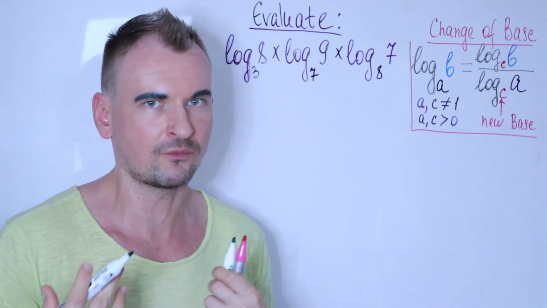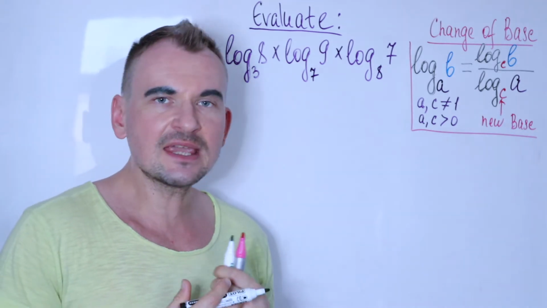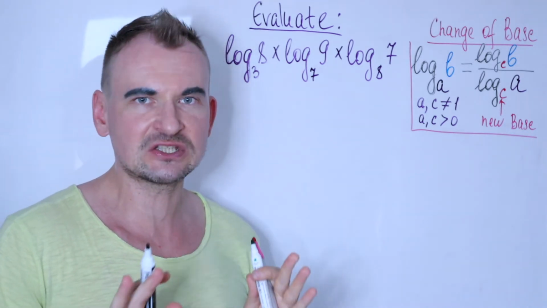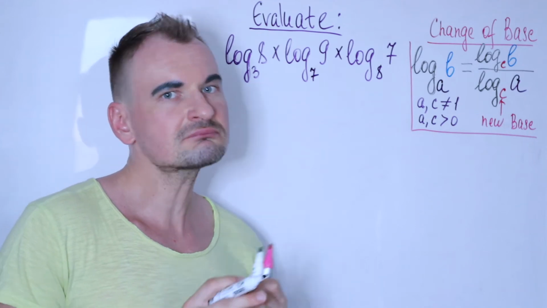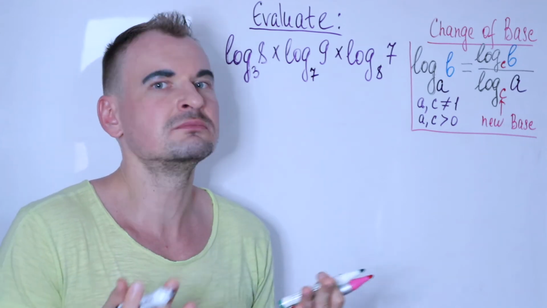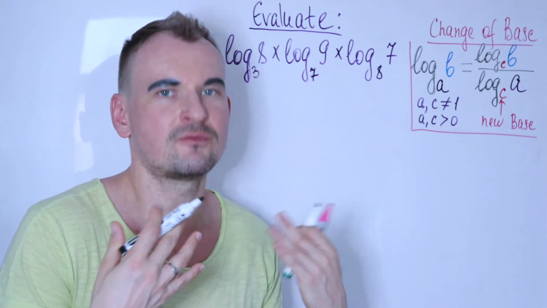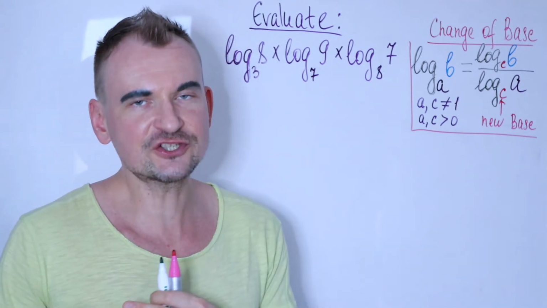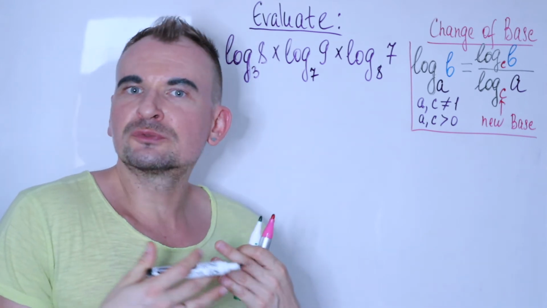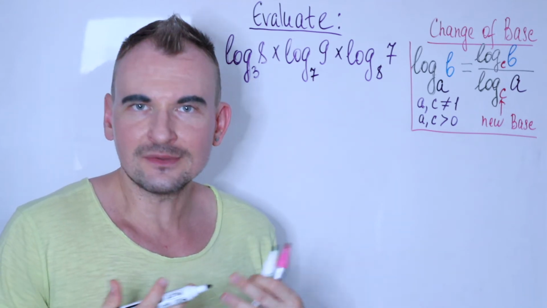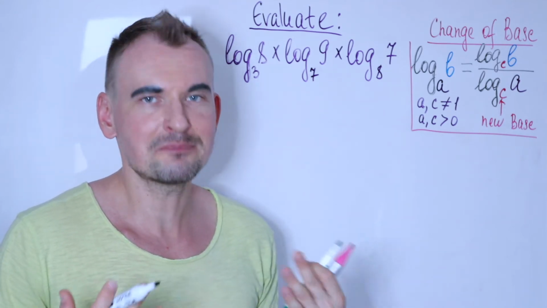What base should I go for? Again, you could pick any base you like. You could go either for the common logarithm, so base 10, or for the natural logarithm, or you could pick any other number that you like. Take your pick.